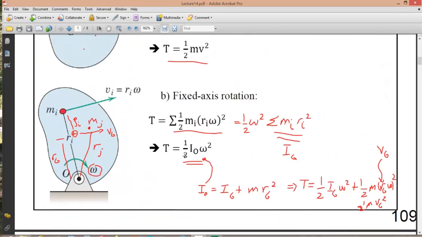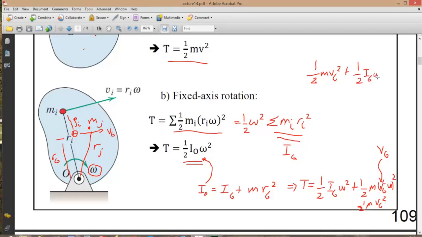It was actually denoted by one term because it had a fixed axis rotation about point O. But then I worked on it, and then I determined it to be defined by two parts. 1 over 2 m Vg squared plus 1 over 2 Ig omega squared.